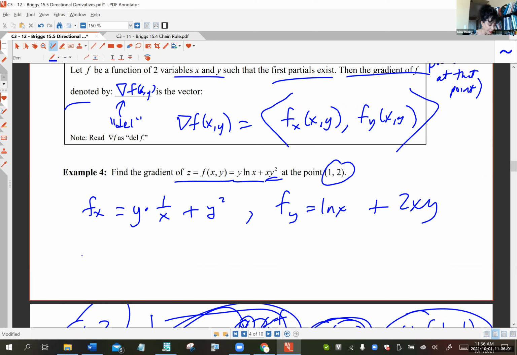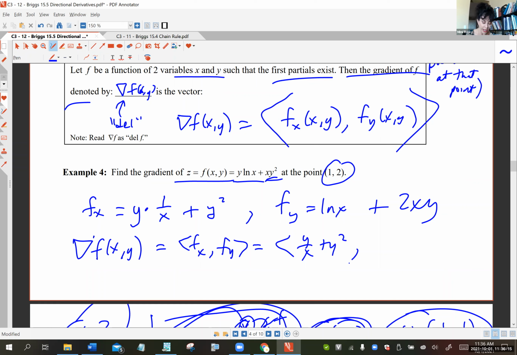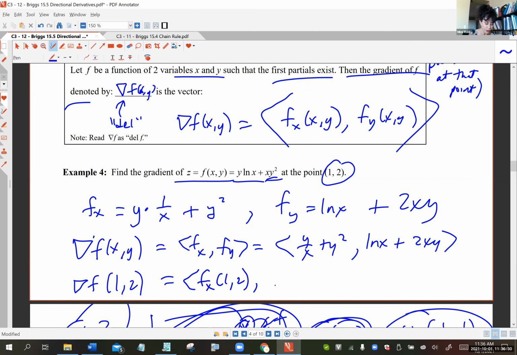And now let's get the gradient. The generic gradient for any point x, y is just going to be a vector containing the partials. The first component of this vector is y over x plus y squared, comma, the other component is ln x plus 2xy. That's the gradient at any point. But they want the gradient specifically at the point (1, 2). Fine, we're just going to evaluate the partials at the point (1, 2) using direct substitution.